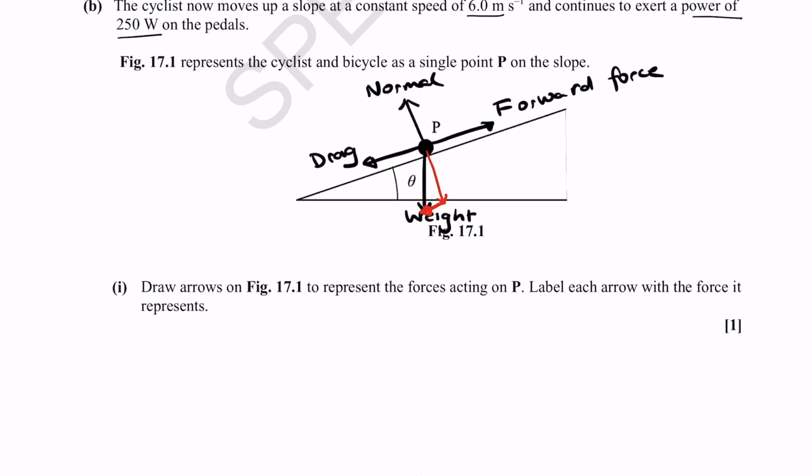So that is going to be W sine theta, where W is the weight and this is theta, along with the drag that's opposing the overall force.